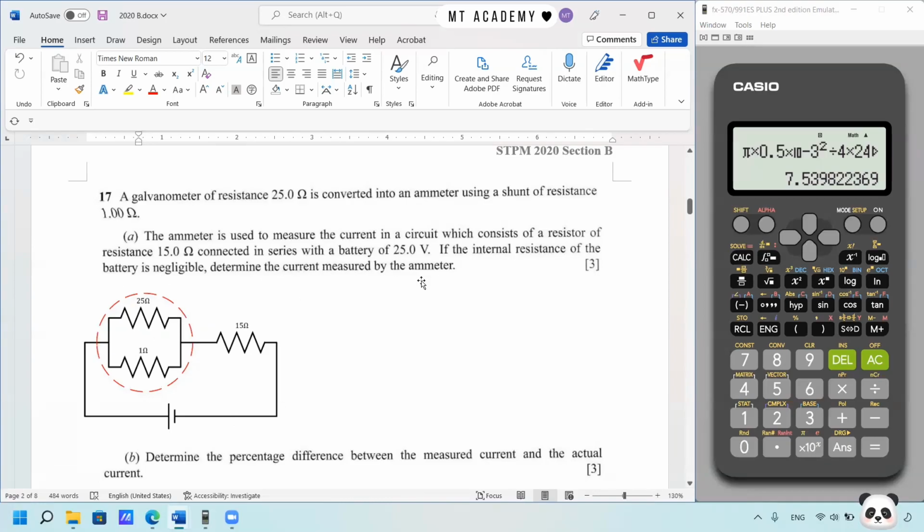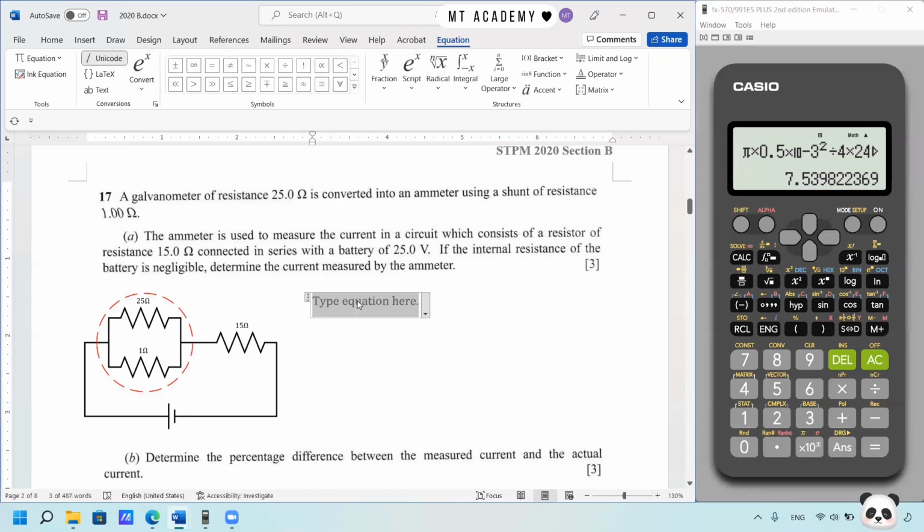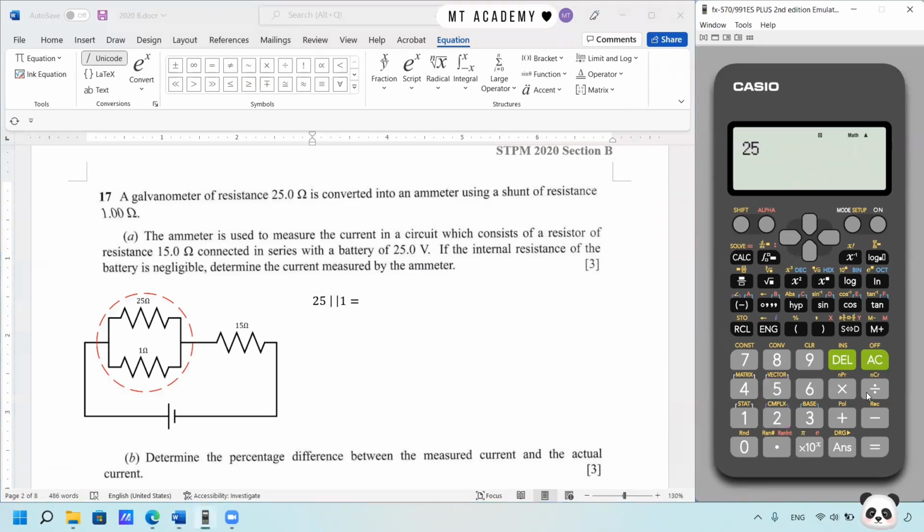To determine the current measured by the ammeter, first we need to obtain the equivalent resistance. The 25 ohm is in parallel with the shunt resistor, which is 1 ohm. So it will be equal to 25 times 1, 25, divided by 25 plus 1, 26. This is how you calculate the resistance in parallel, which is equal to 0.96 ohm.